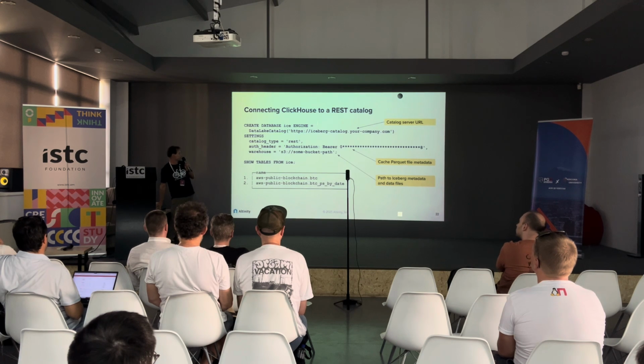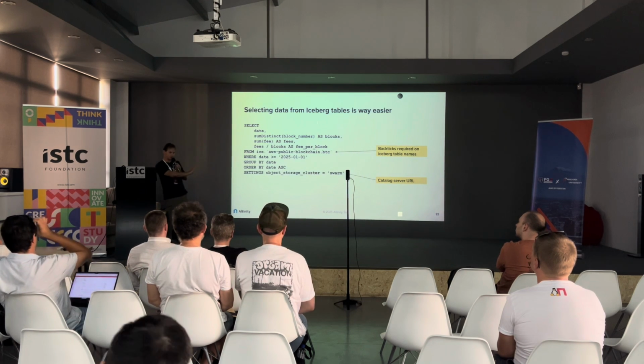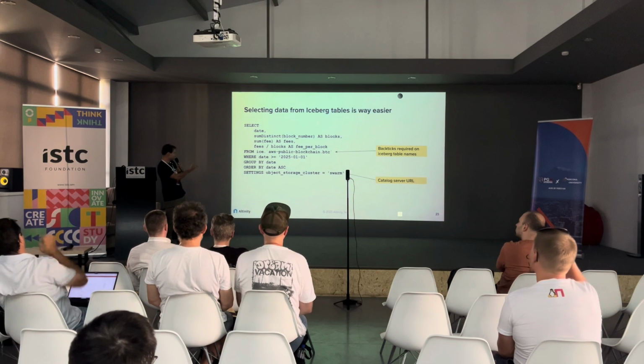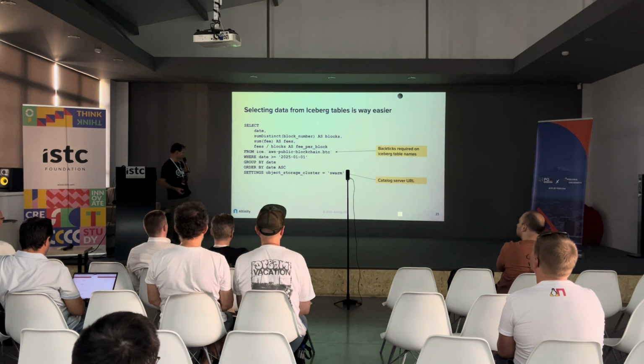And similar for Iceberg, so this is how to configure the Iceberg database engine in ClickHouse, and once configured, you can query it the same way. In the case of Iceberg, your tables look just like regular tables in ClickHouse, but you can extend them to the swarm as well with a setting. This is a very powerful execution model.